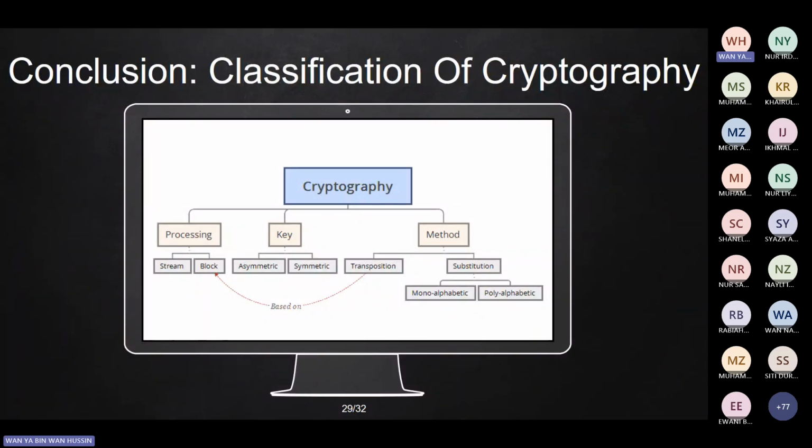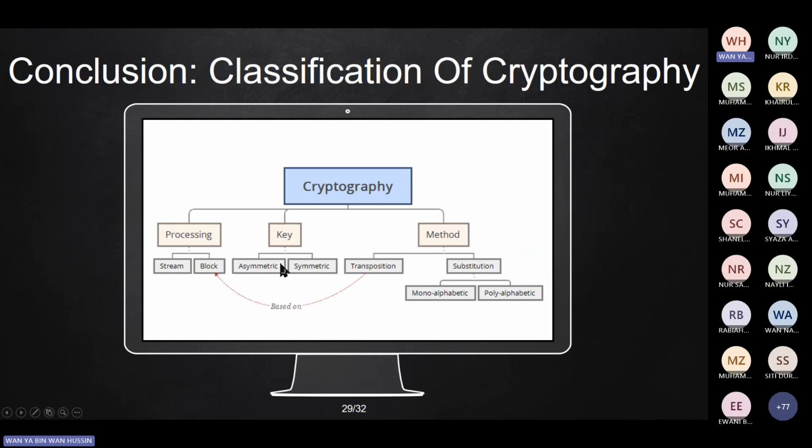If we have two, we still call it polyalphabetic. If we have 3, 4, or 5, we still use polyalphabetic. And how we apply the key, we will learn a bit more next week.